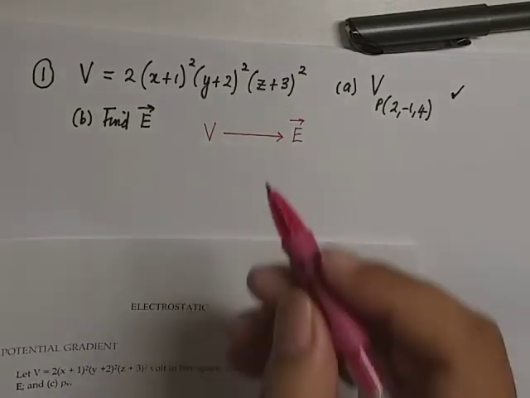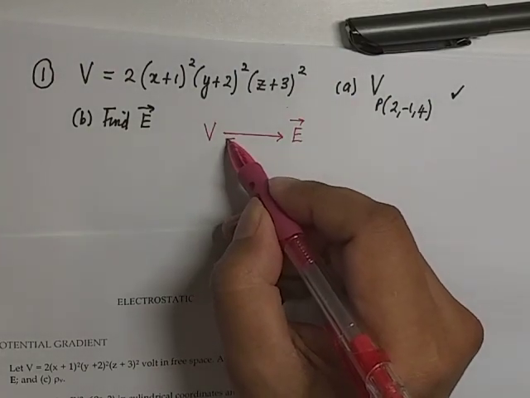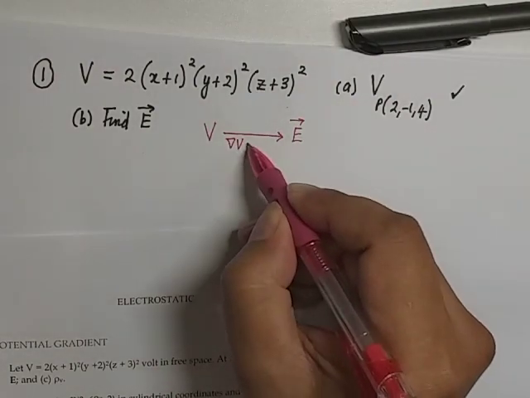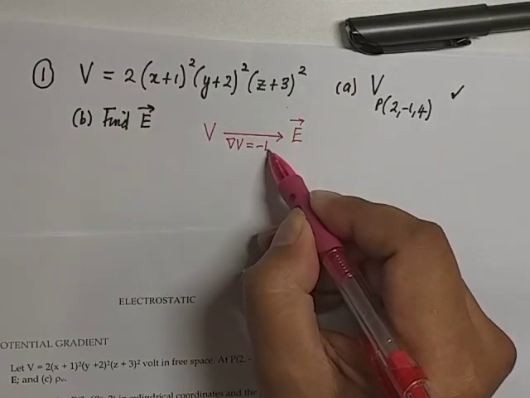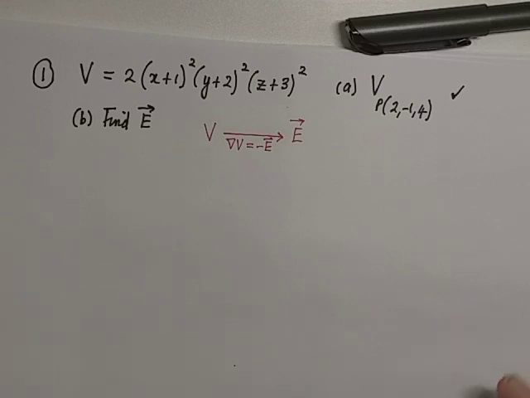Good. We know this can be solved by using the formula grad V equal to negative E. So how should we proceed now? As mentioned, the coordinate system here is Cartesian.